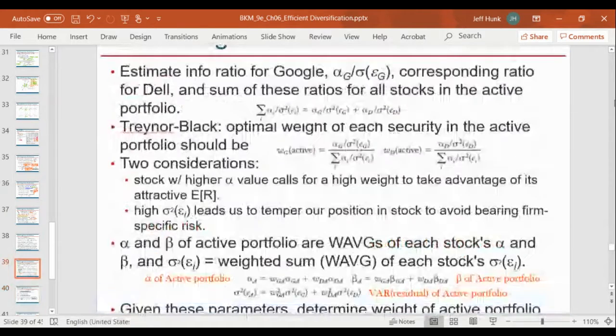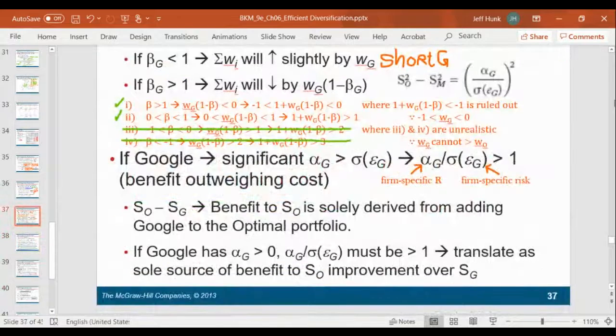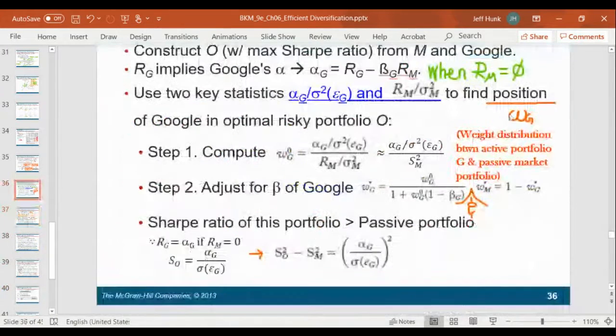Actually, before we take a look at it, it makes sense why, basically, these two are like the price of risk, Google's price of risk, and this is the market's price of risk.